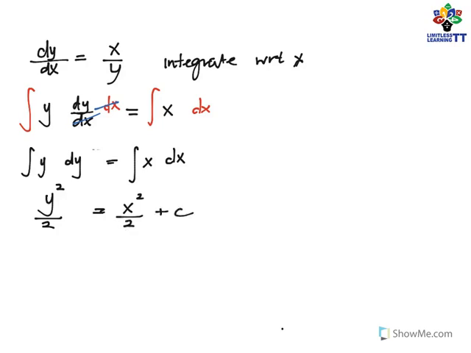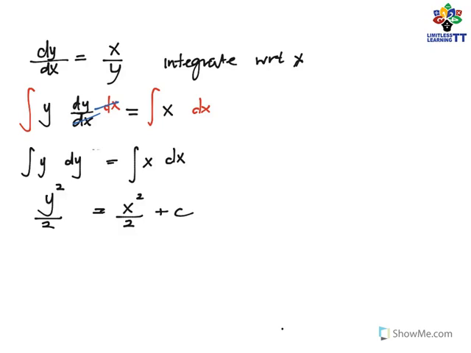I need to have a constant. I just need to have one constant. I don't need to add both constants to each side because there is just going to be a constant in there. Right? So this is where I'm down to. So you can leave it like this, or you can rewrite it as y squared is equal to x squared plus c.